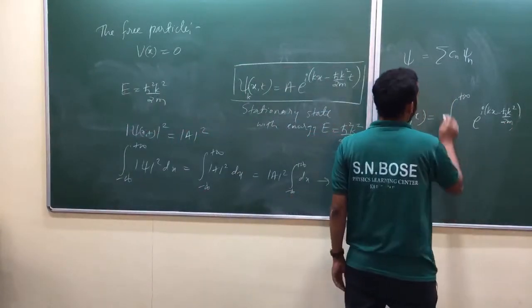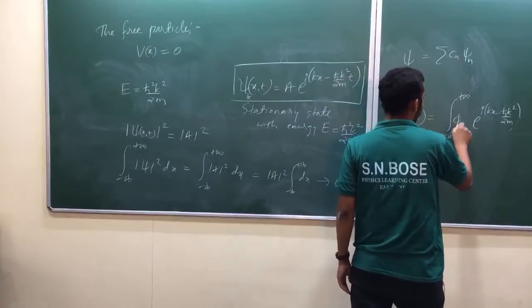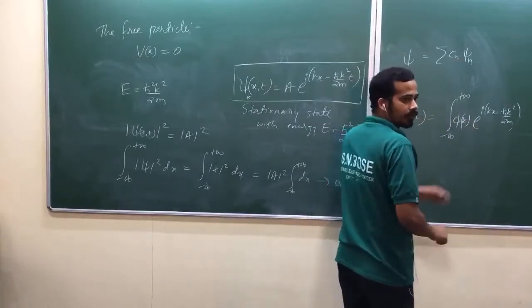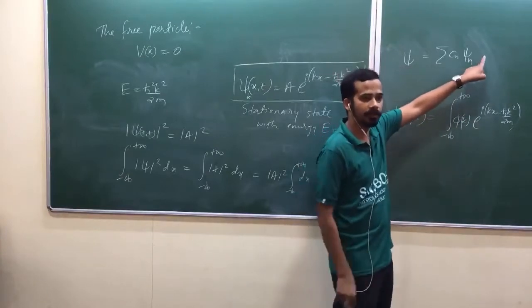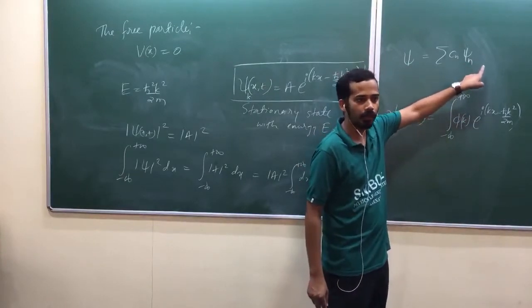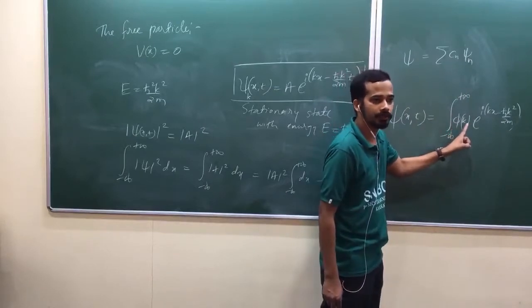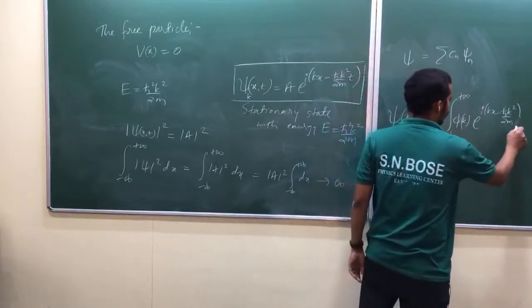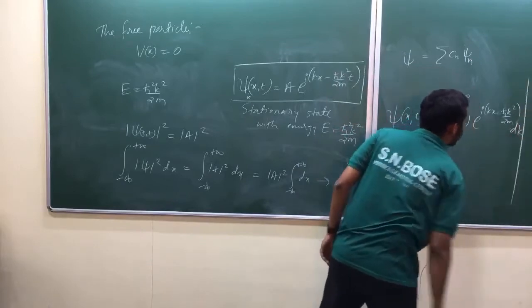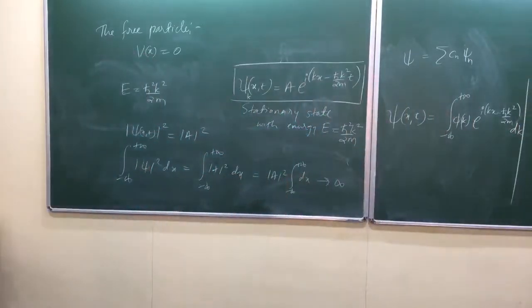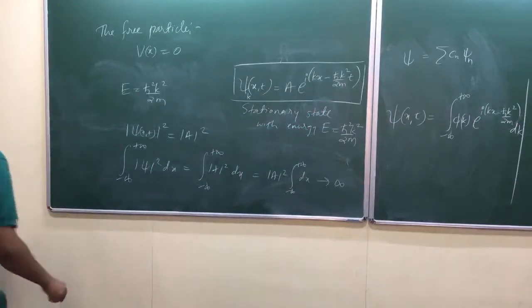Is that okay? And I need a coefficient. I call that coefficient phi of k. This coefficient depends on n, am I right? N will talk about energy here, the quantum number will talk about energy. So here, k will talk about energy. And dk. Let me write it here, okay?